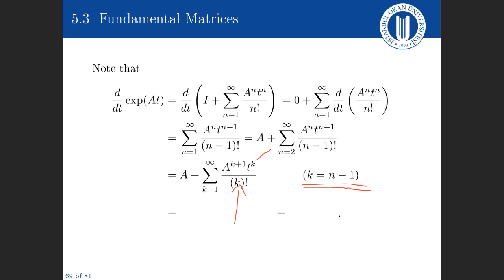Instead of t to the power n minus 1, I get t to the power k, etc. Instead of starting the sum at n equals 2, I'm going to be starting the sum at k equals 1 because of the substitution. And I'm going to take one factor of A outside the bracket. So we get capital A multiplied by I plus the infinite sum, k equals 1 up to infinity, A to the power k, t to the power k over k factorial.